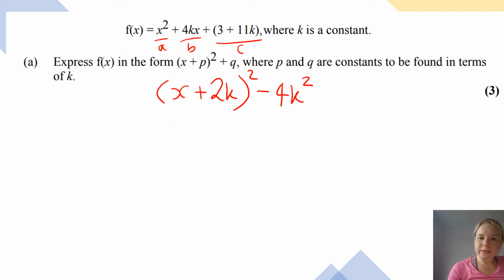And then the c that you'd add on the end is going to be 3 plus 11k. You can't actually do anything else other than that. It's all in terms of k. So whereas this q here is a constant, this is all in terms of k, and so is p. Okay, so that's the first answer to that one.